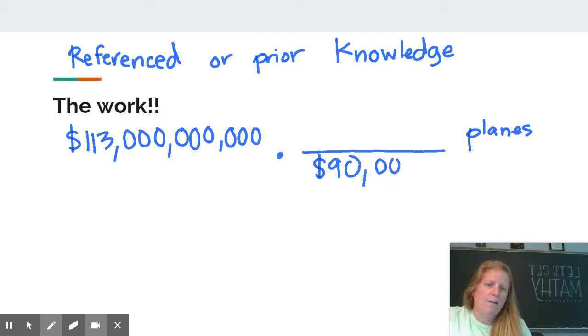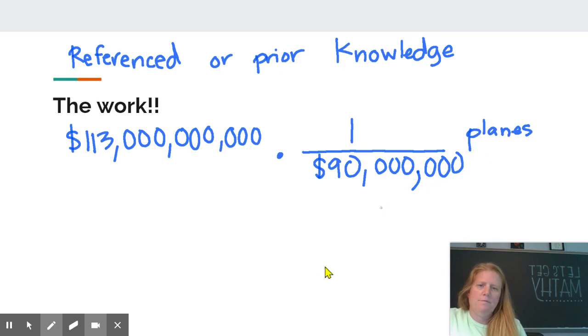So right now we're getting to 90,000 and then $90 million. I realize that one looks like a decimal. Let me go back and fix that. Okay, so it is one plane.